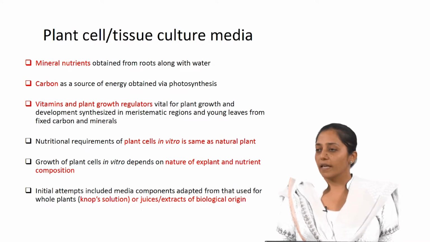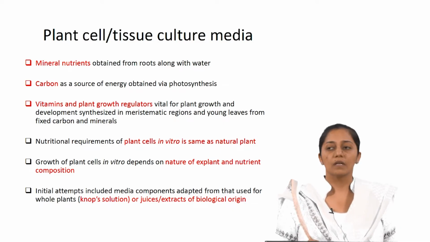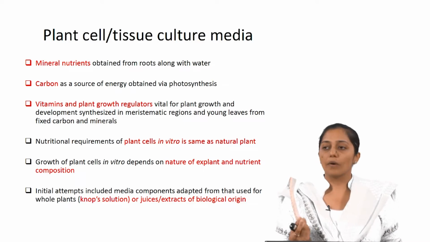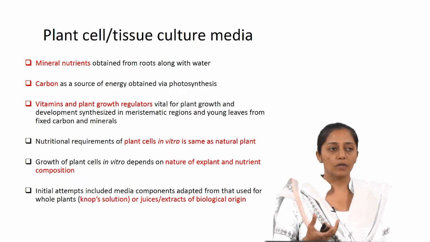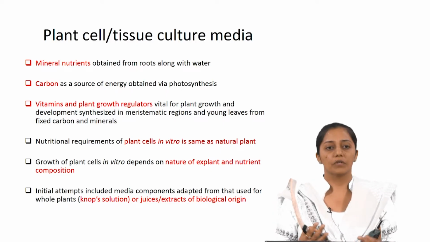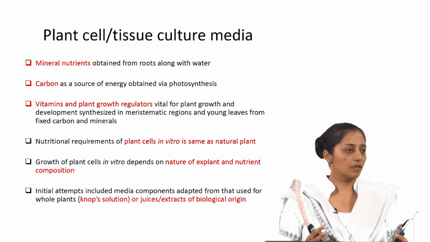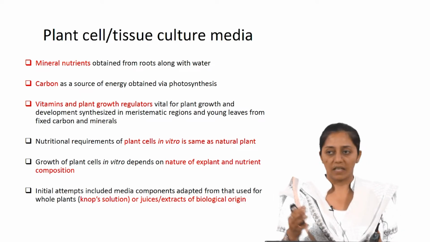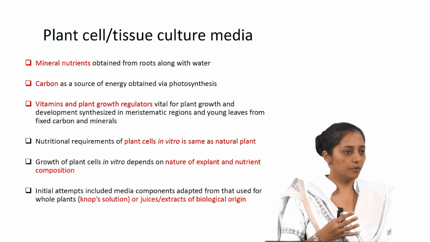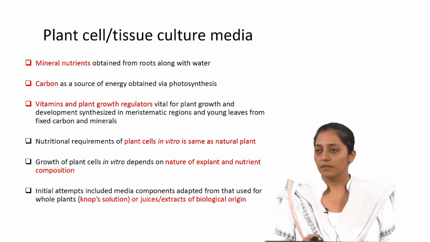Initial attempts at media formulations in plant cell and tissue culture included application of NOP solution. NOP solution is a very old media which is majorly composed of major salts. Have you heard of micronutrients and major nutrients? Any examples for major nutrients?